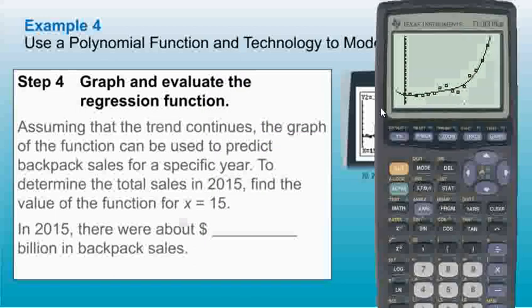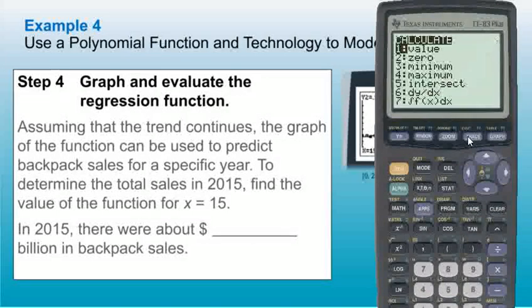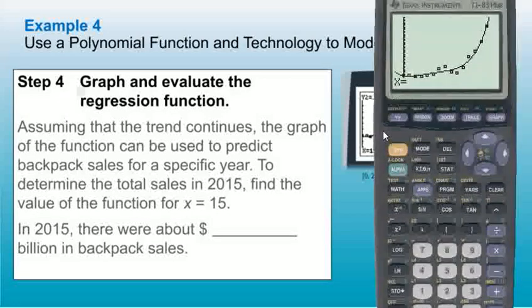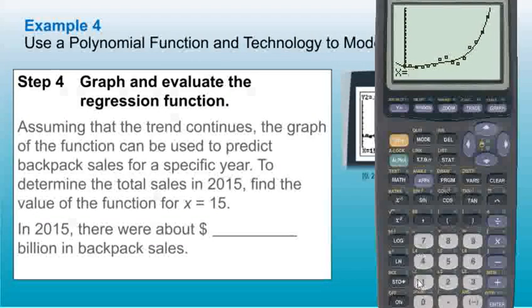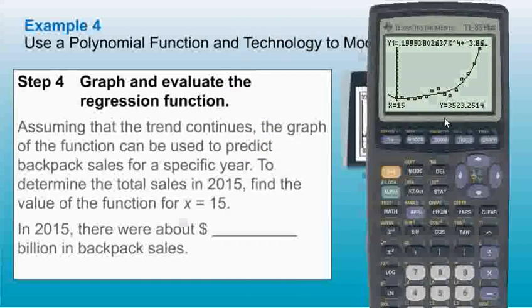Now what I want to do is to determine the total sales in 2015, find the value of the function for x equaling 15. So if I go to second trace, I want to find the value, number 1, and I'm going to choose 15, and then hit enter. It's going to give me 3,523.2514, which is the same as what they have in that picture there.